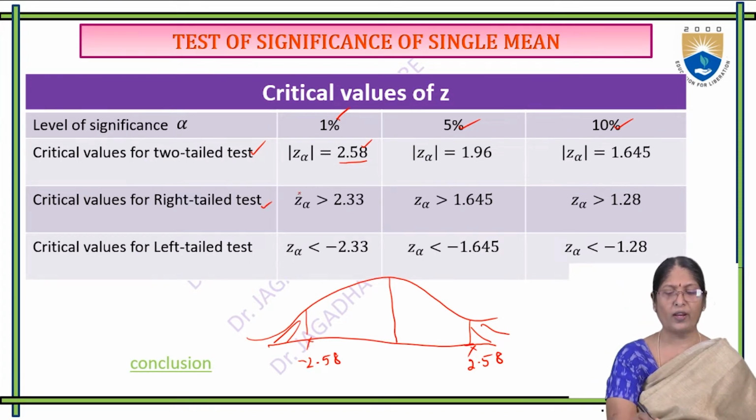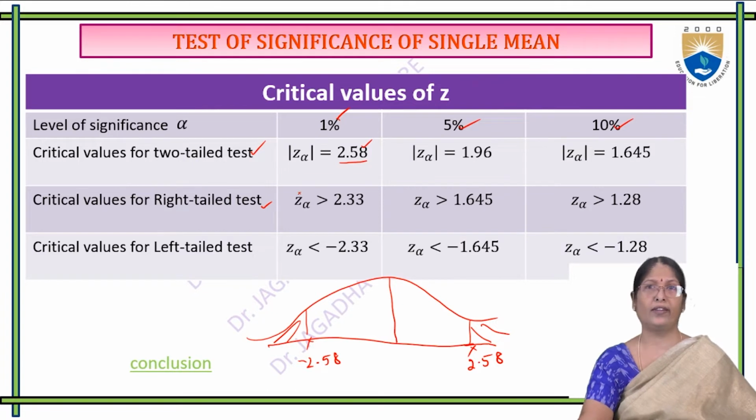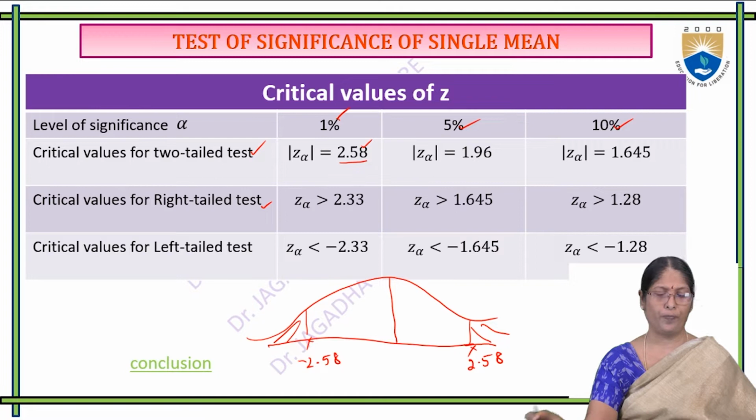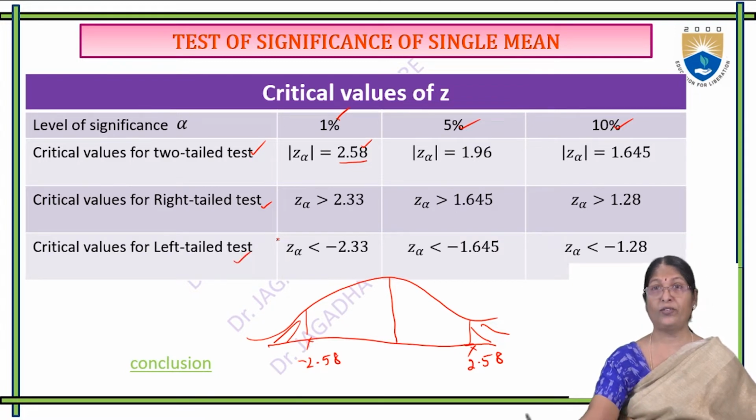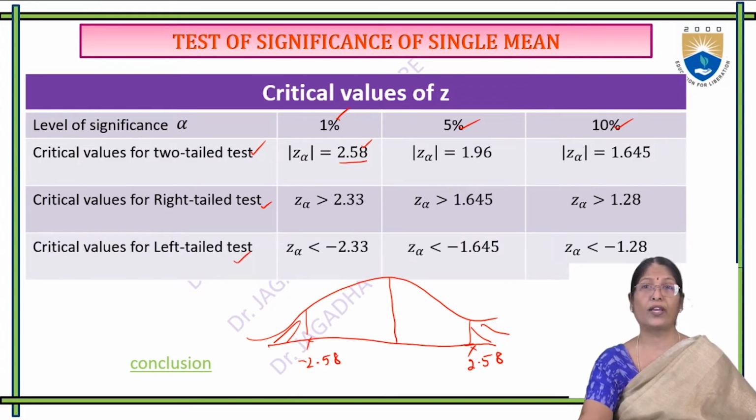Whereas for the right tail, only on the right side will be the shaded, rejected region. For the left tail test, on the left side is the rejected region, and the remaining is all accepted region.